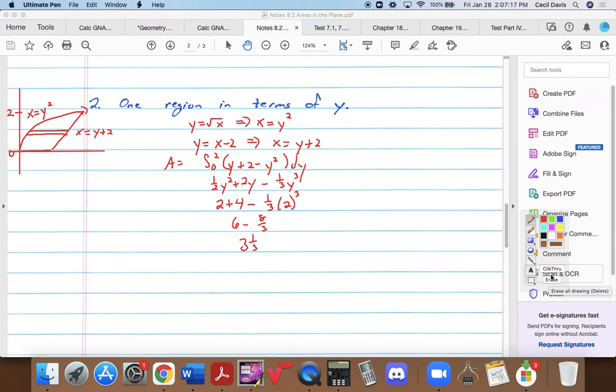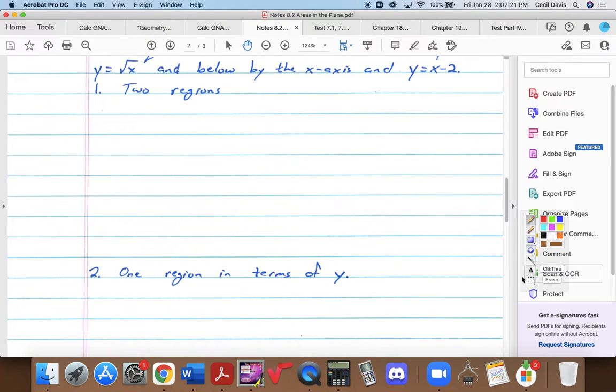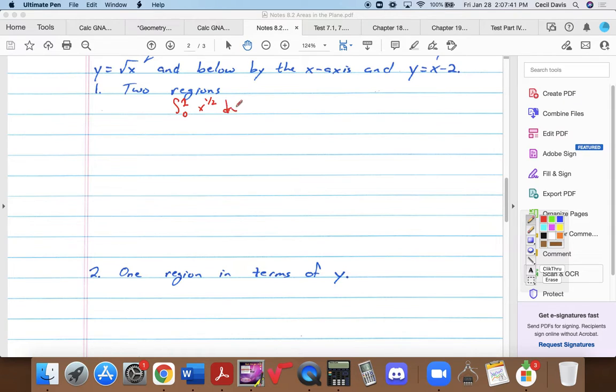Let's go back to the previous one. What in the world did I do wrong? See, we had the integral from what to what? 0 to 1 of, I think it was 0 to 2 of x, or square root of x, x to the 1/2 dx, plus the integral from 2 to 4 of x to the 1/2 minus x minus 2.